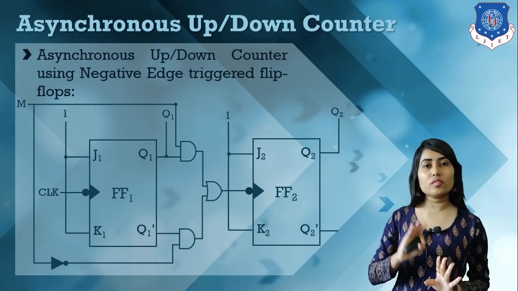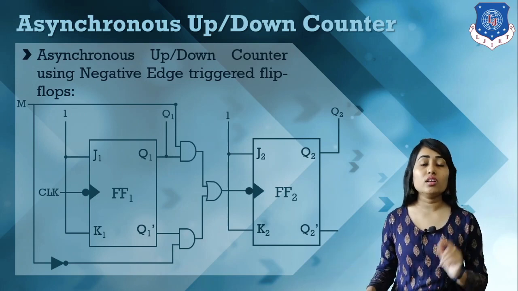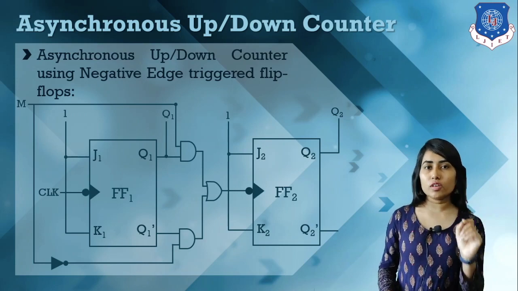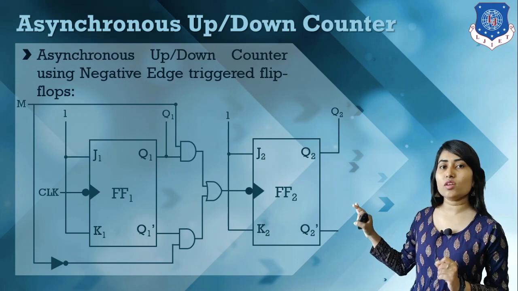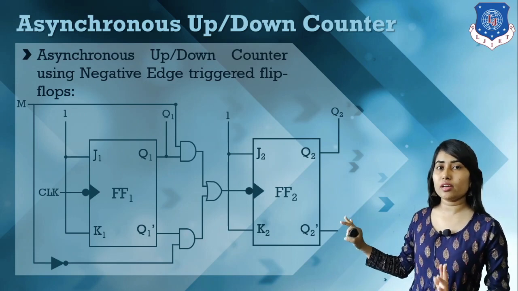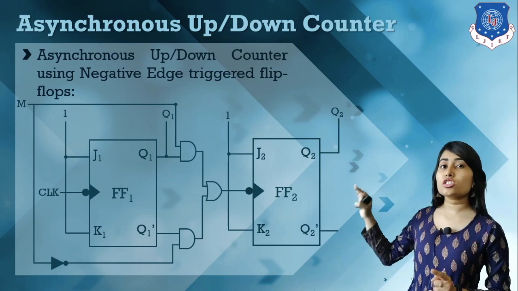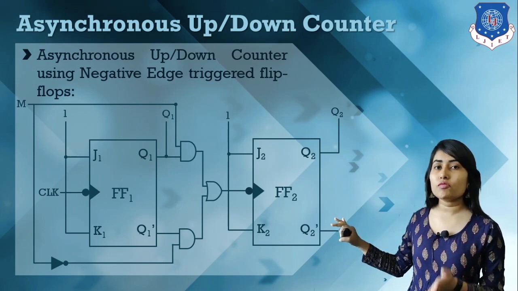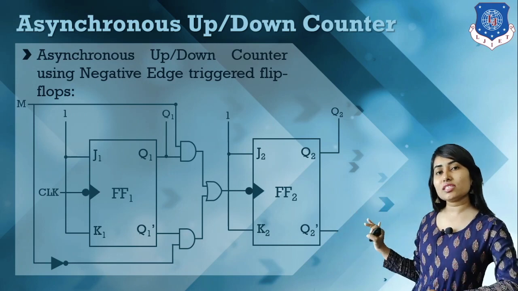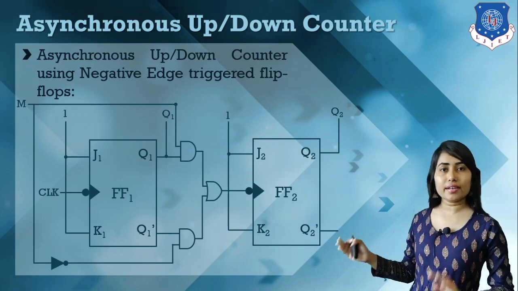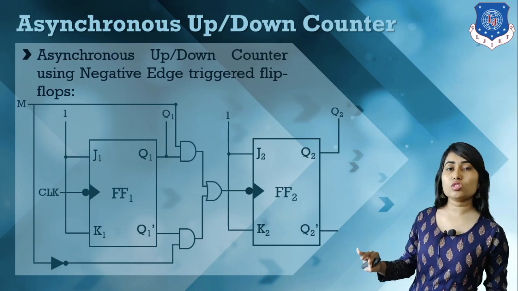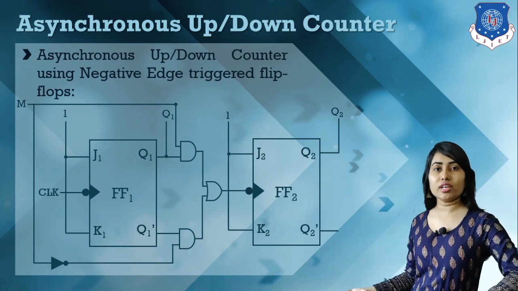The first flip-flop is connected with the external clock signal, and the combination of the first flip-flop's output is connected to the second flip-flop's clock, so it works as an up and down counter. That means it counts either up or in the downward direction.